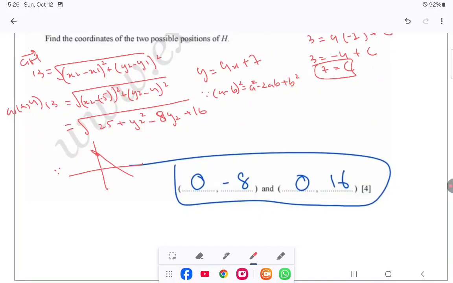Now if we take the square on both sides, we are left with 169 is equal to 25 plus y2 square minus 8 y2 plus 16.